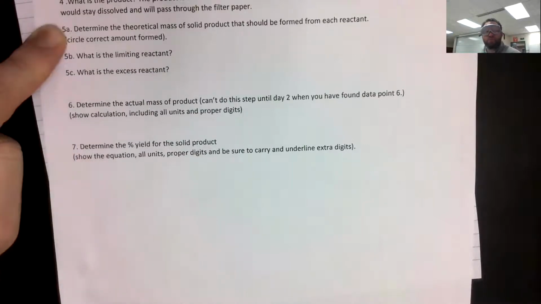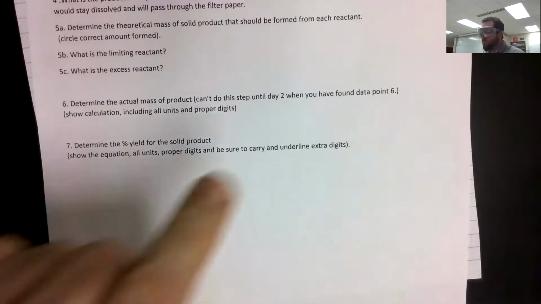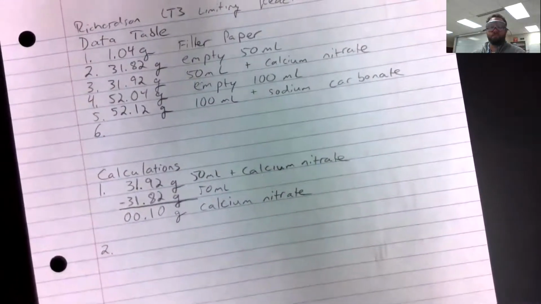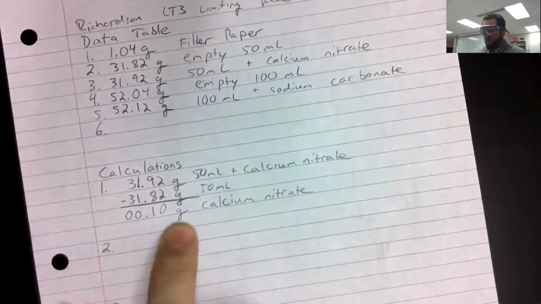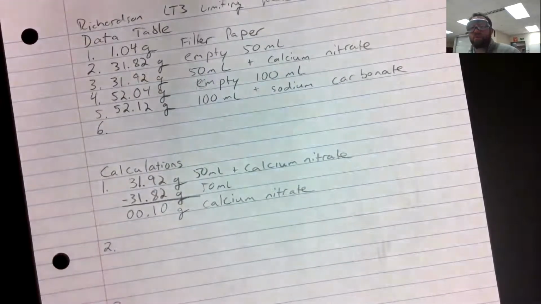5A, determine the theoretical mass of solid product that should be formed from each reactant. We have 2 reactants. We have 0.10 grams of calcium nitrate. That was one of our reactants.